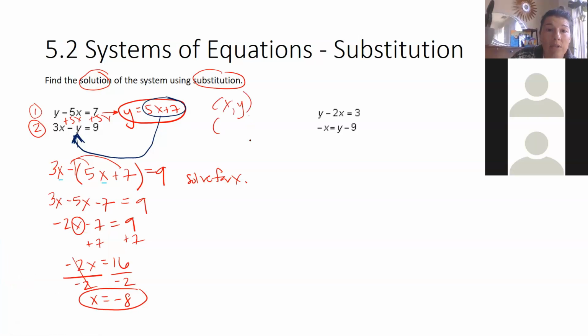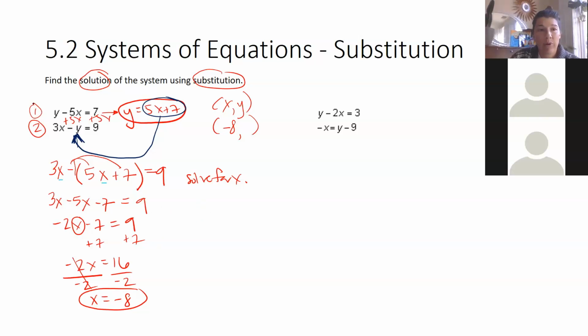We have found our x value. X is -8. So now we still need to find our y value. How are we going to do that? We're going to substitute -8 for x into one of our two equations. You get to pick which one looks the friendliest. 1 or 2.